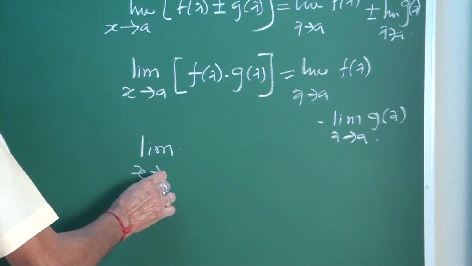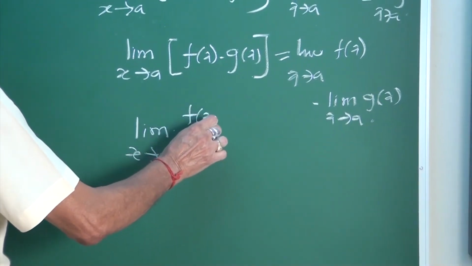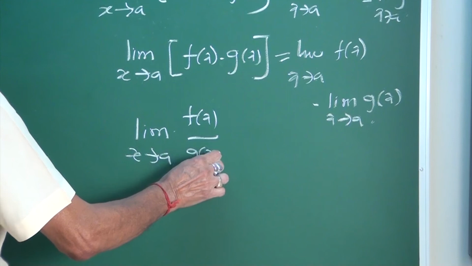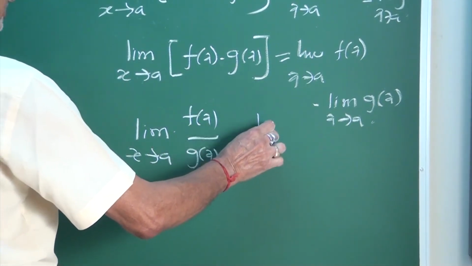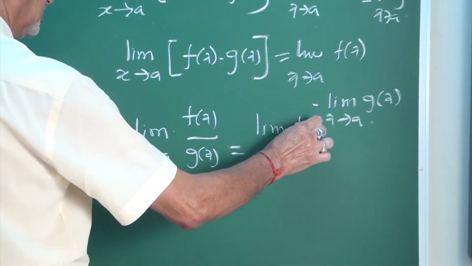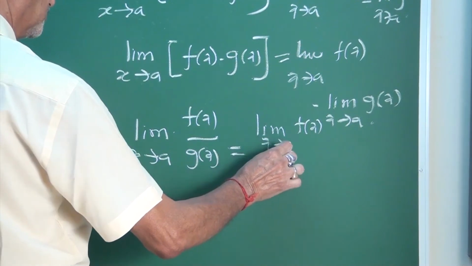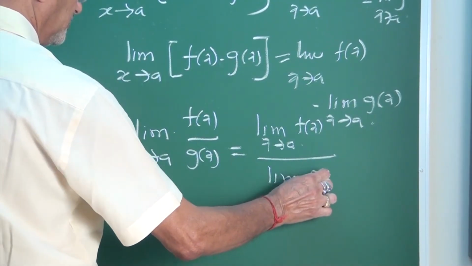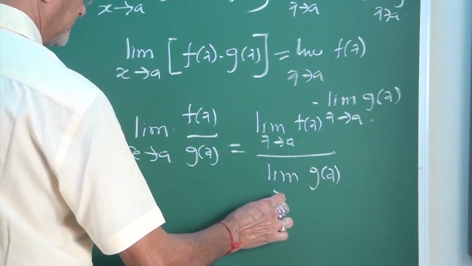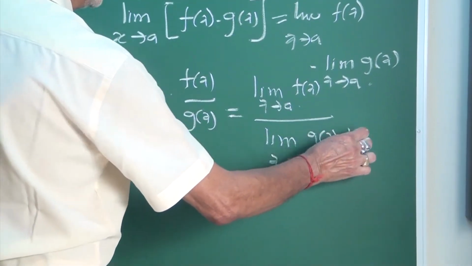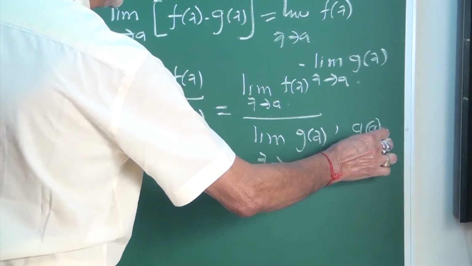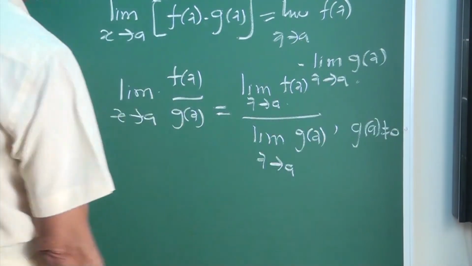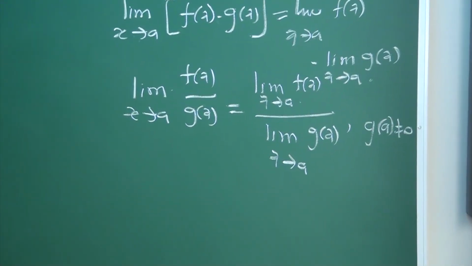Limit as x tends to a of f(x) upon g(x) is limit of f(x) as x tends to a, upon limit of g(x) as x tends to a, provided g of a should not be 0.